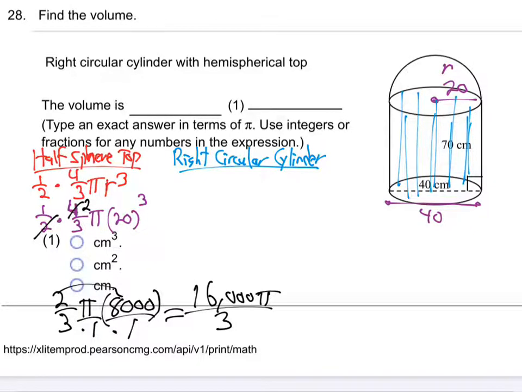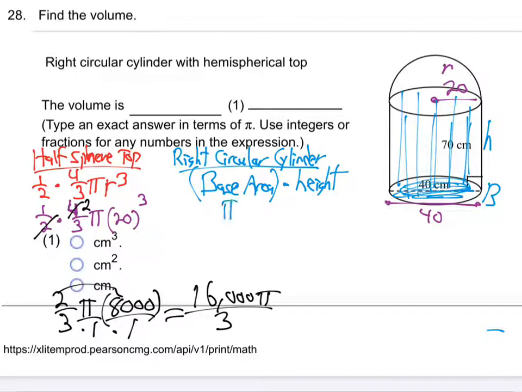I want the volume of that right circular cylinder. Well, it's the ground floor, which is the base, times the height, because you're filling it straight up, just like that office building example I gave a couple problems ago. So the volume is going to be base area times the height. And what's the base area?